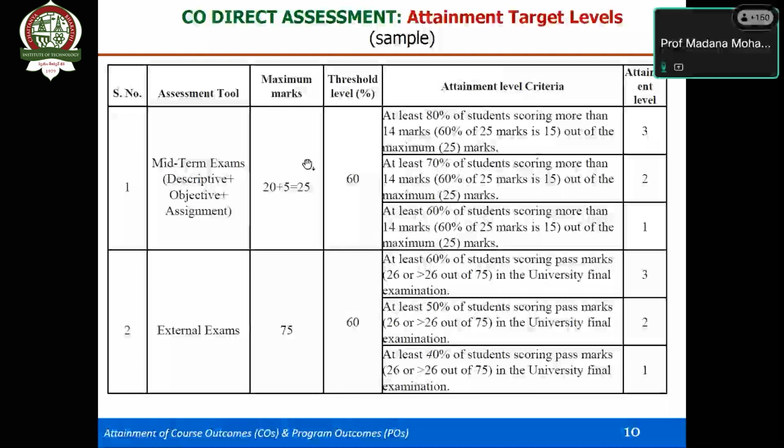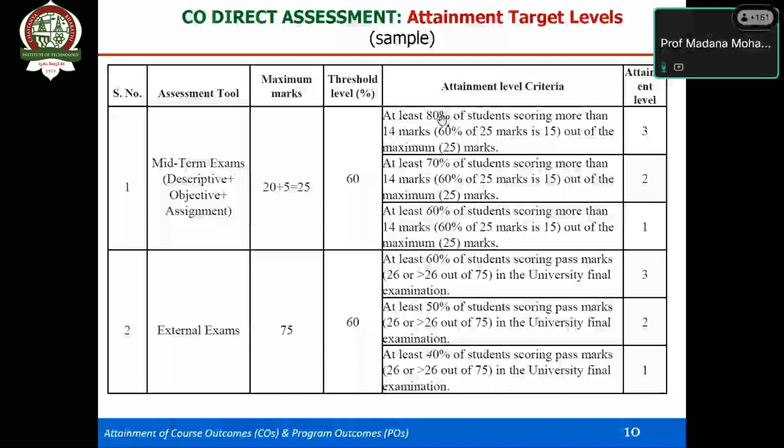Okay, here the threshold value, as we mentioned, is set by seeing the average of the internal marks of that particular subject over the previous 3 batches. Suppose for this the minimum I am getting is 60%. So with your minimum 60%, how many students reached this 60% threshold value? Based on that, again you can fix the levels.